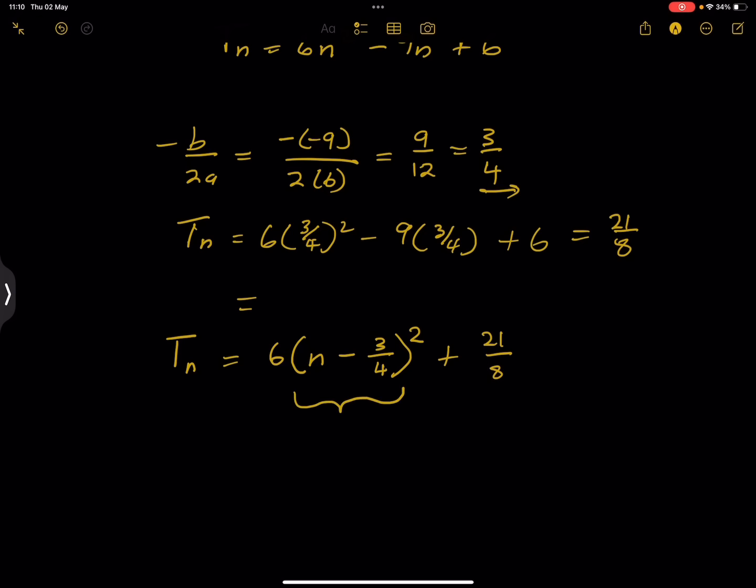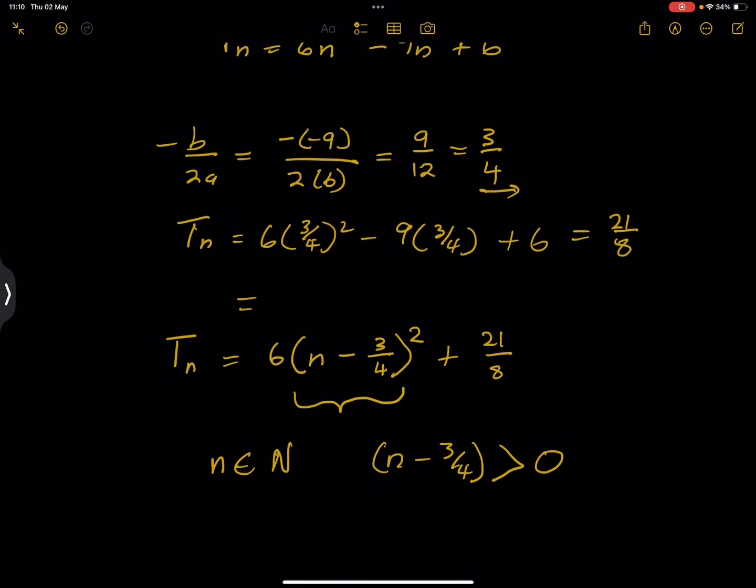inside here, for all natural numbers, it will always be positive, isn't it? Okay, so in this case, you can see that for all n is an element of natural numbers, right? N minus 3 over 4 will always be greater than 0, right?